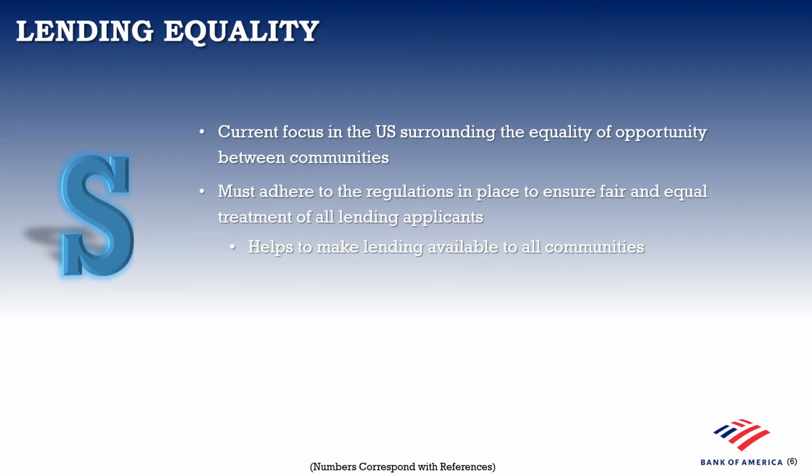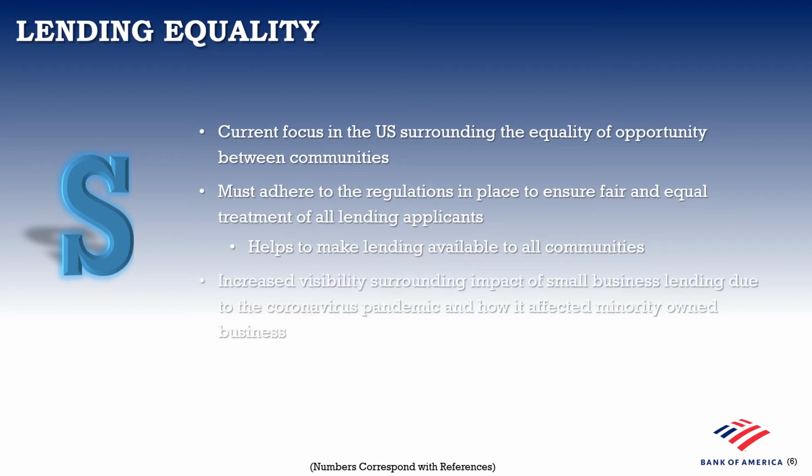Now, that doesn't mean that everyone's going to get approved, but it does mean that everybody has the exact same criteria to follow. What this essentially does is help make lending available to all communities, ensuring that both communities that are highly affluent and those that are typically underserved have the same equal access, although, again, approval is not necessarily guaranteed.